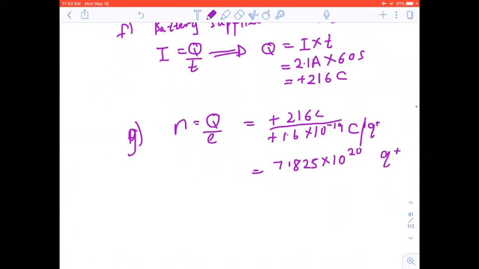Positive charges moving, and they move from the positive terminal and go towards the negative terminal. So we can say that, which is actually positive charges moving.